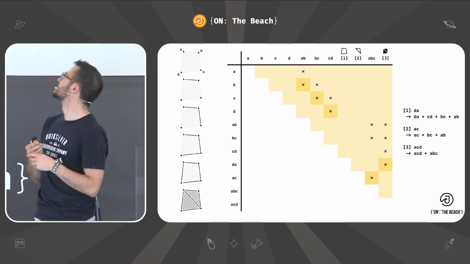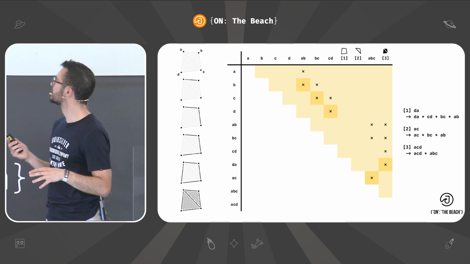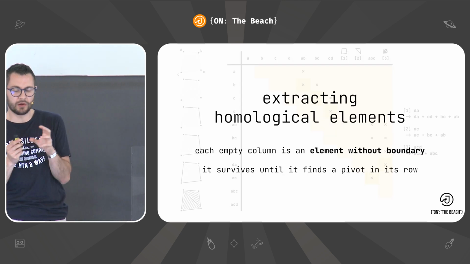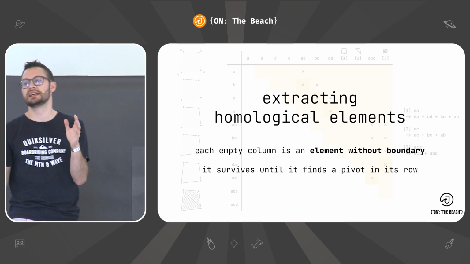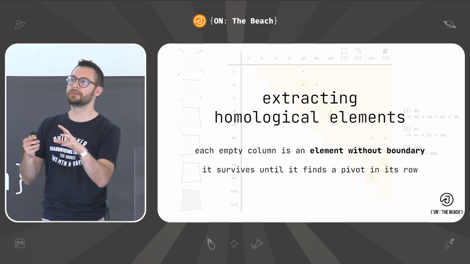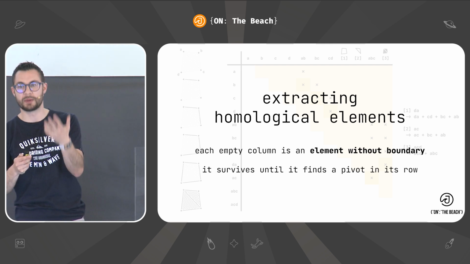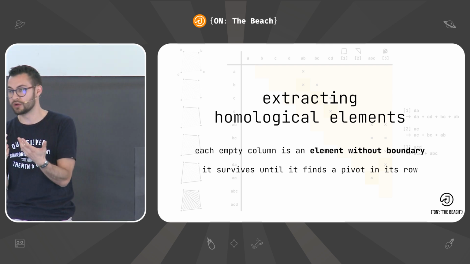This is interesting because it means that the reduction has been able to identify something that is interesting for us. So when we have the matrix already reduced, we have all the elements for computing the homology. We just have to interpret it. There will be a homological element for each column that has no boundary, because that's what we want.